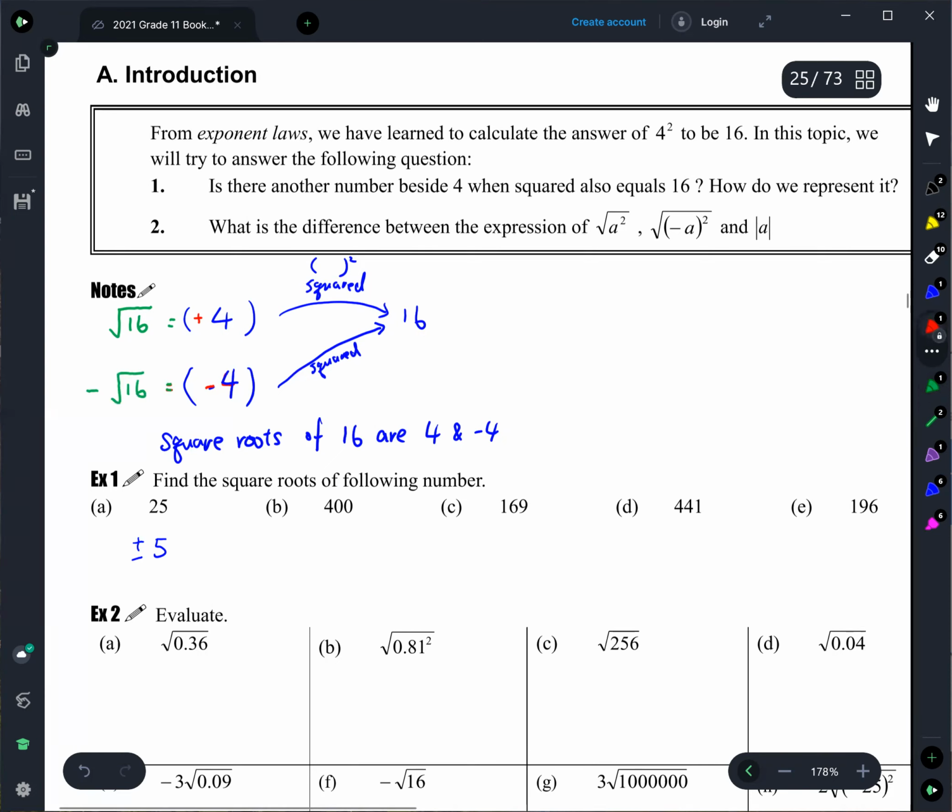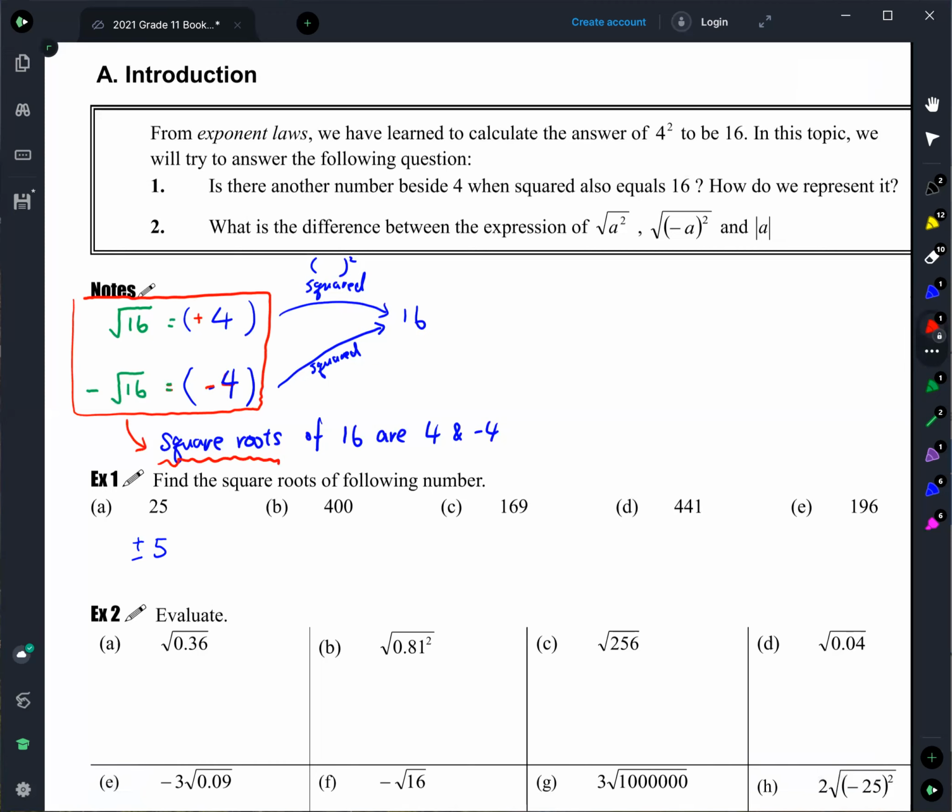So these 2 things, okay, the one I box here, these are called the square roots. So there are 2 square roots of 16, okay? You have a positive square root of 16 and a negative square root of 16.